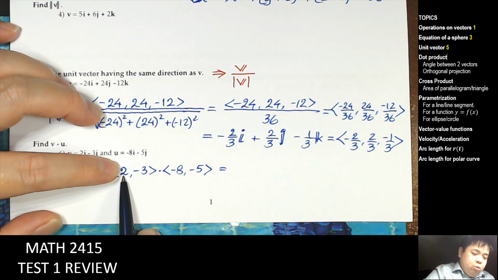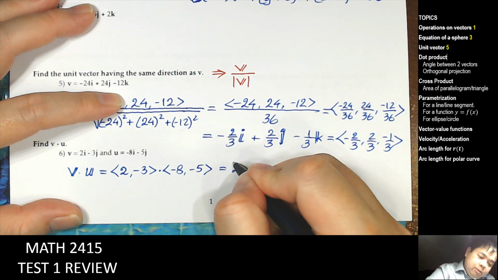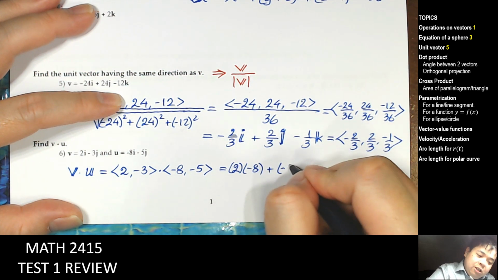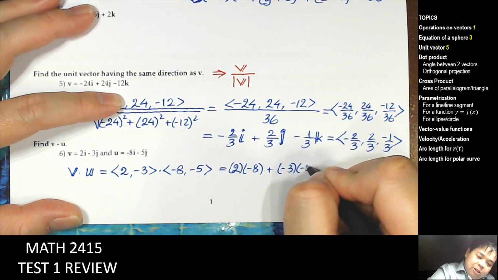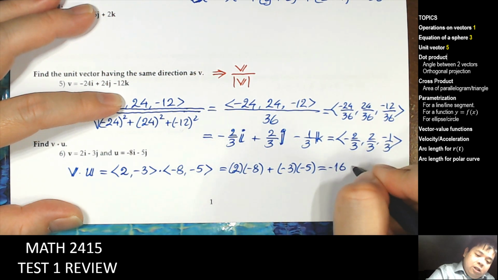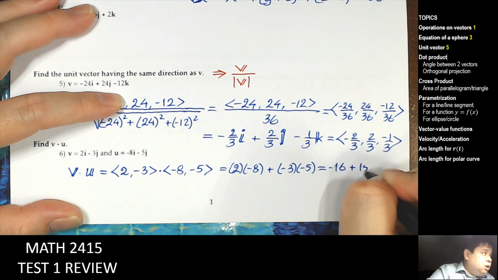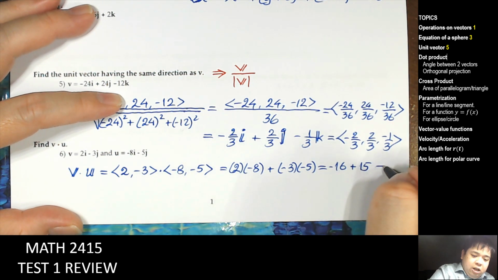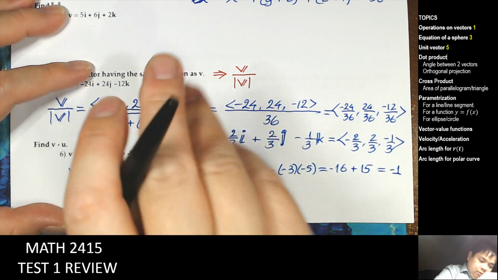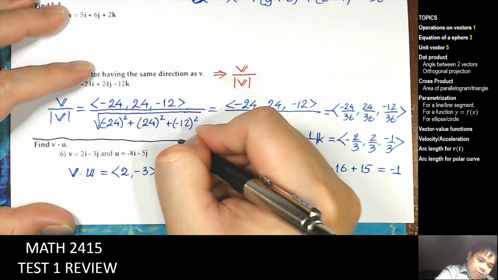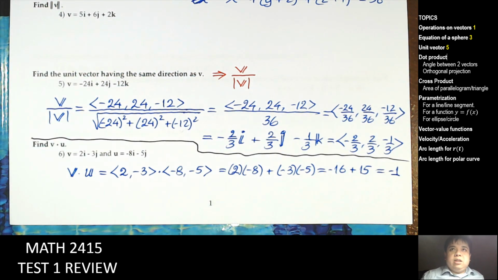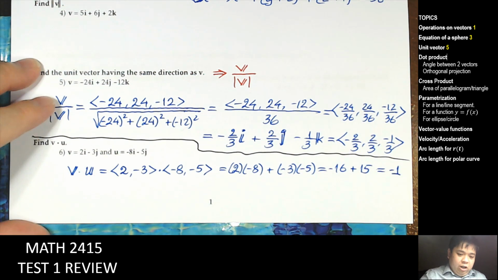Dot product, multiply the components and then add those products. So here we have negative 16 and 15, that gives us negative 1. So that's just the dot product.